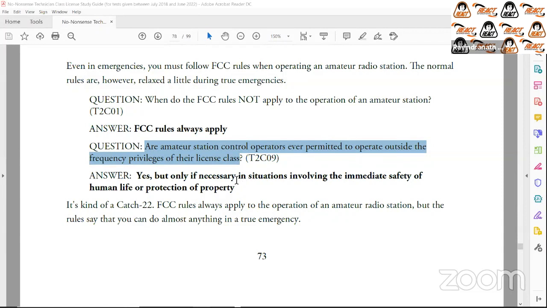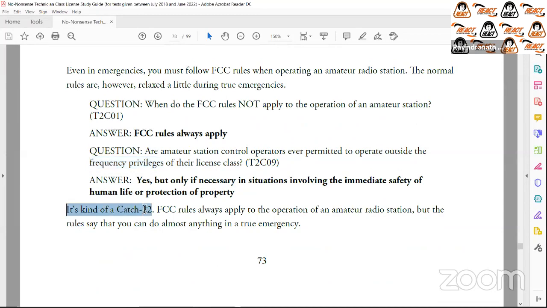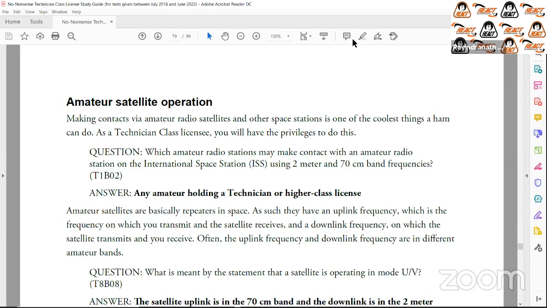In such a situation, you can, all right? But note, rules always apply. But if it's life and death or human life and protection of property, you can, as a net control operator, be permitted to operate outside of your normal frequency privileges of your license class, right? Notice it's a kind of catch-22. But as I mentioned in the last class, please don't do it otherwise.